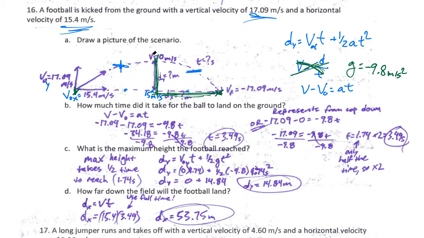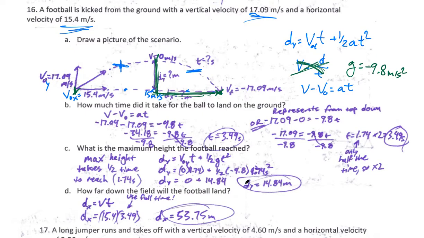It represents from where I had 0 velocity to where I had negative 17.09. Well, where was 0? It was halfway, so this is only half my time in that case. So it's a little bit more confusing way, but some people do like to do that. You'll see why in a little bit, but I would always recommend just going with the v final and the v initial, not dealing with the 0 in the middle.